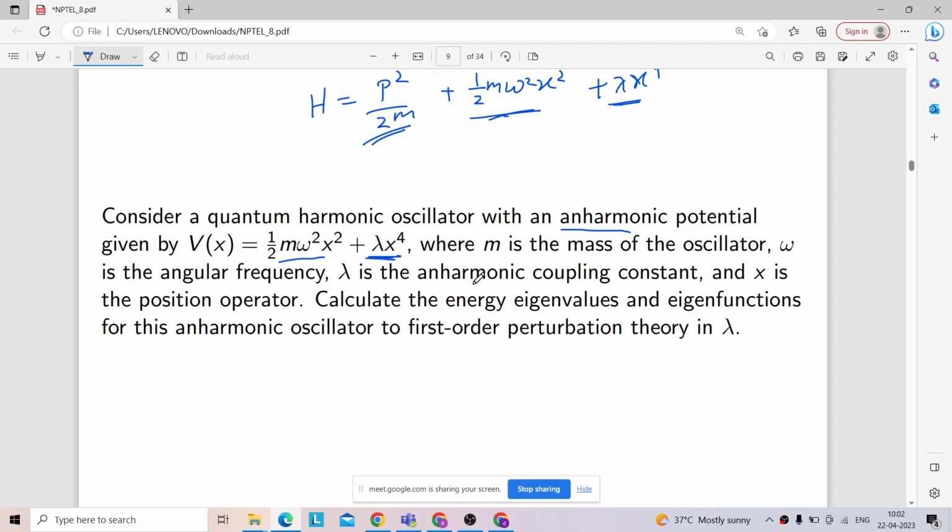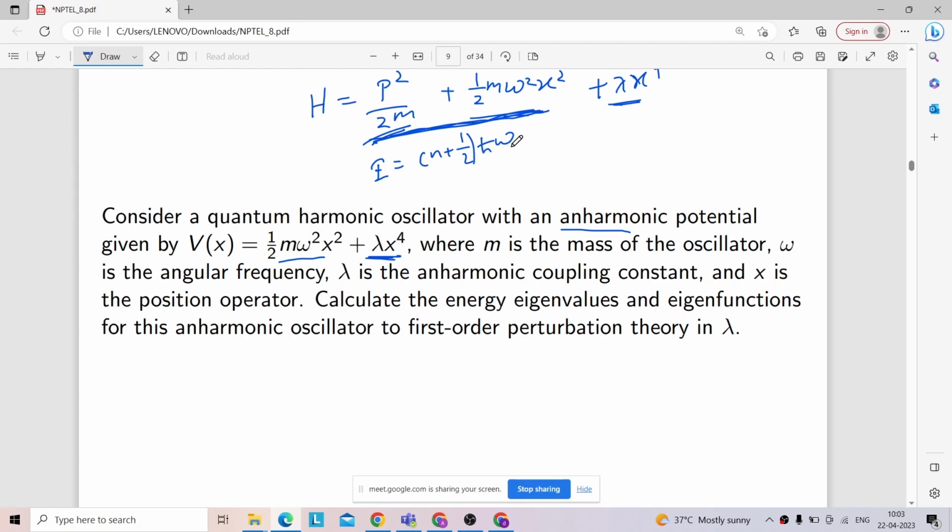So we know the energy for this part. This is simply the harmonic oscillator Hamiltonian. So we know the energy for this state. This will be (n plus half) h cross omega.